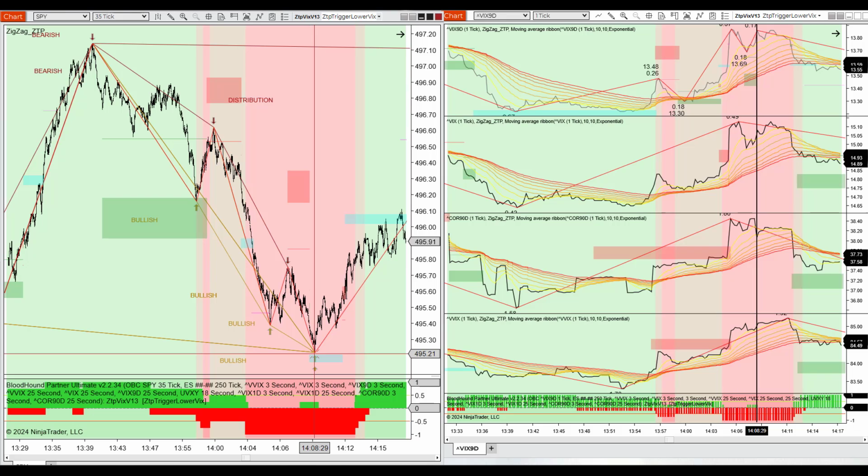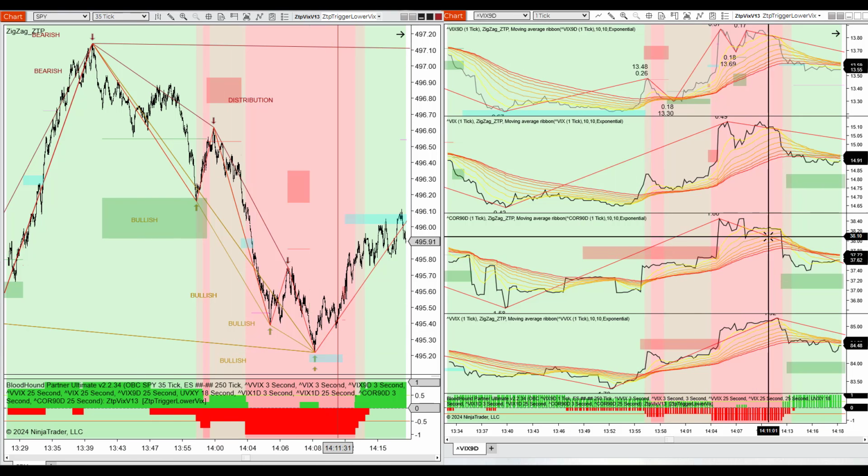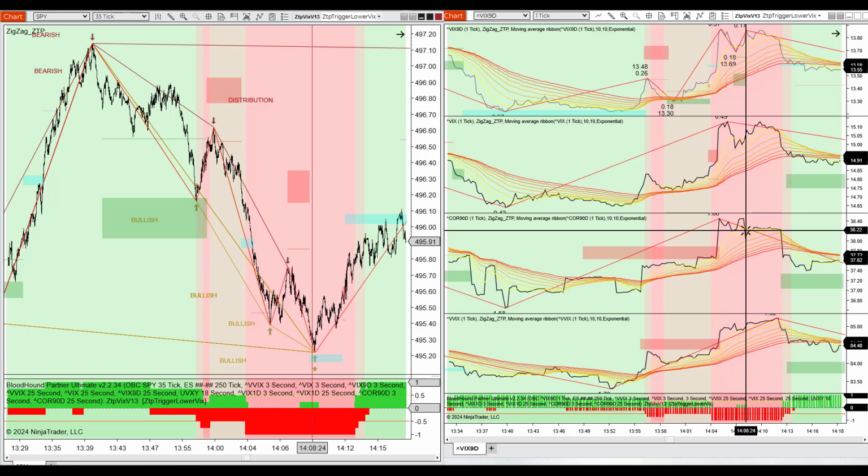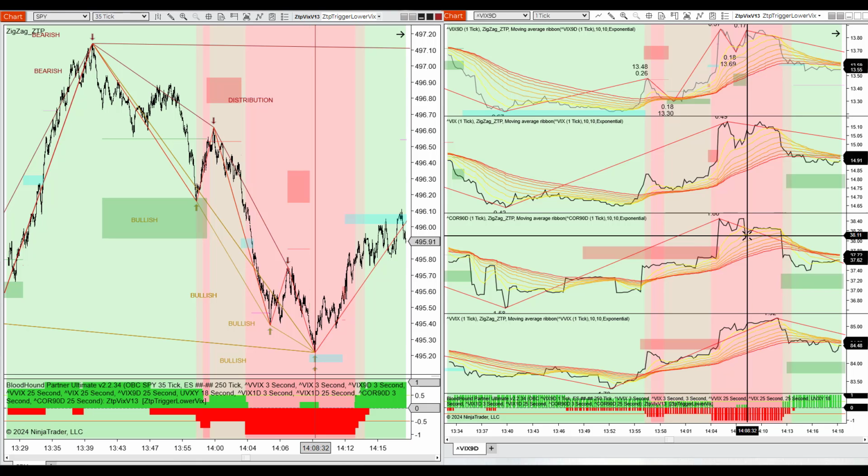And if you looked at the VIX charts, you see that the VIX charts failed to make higher highs while the SPY chart was making a lower low. That could have been one clue to get out of the chart, but the only other clue that would be a very significant clue is look right here in the core 90D. Suddenly puts got sold, which is bullish right there on the low.